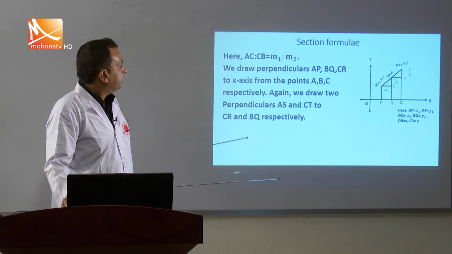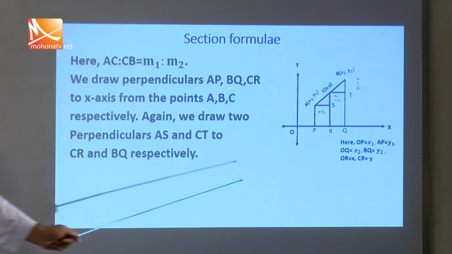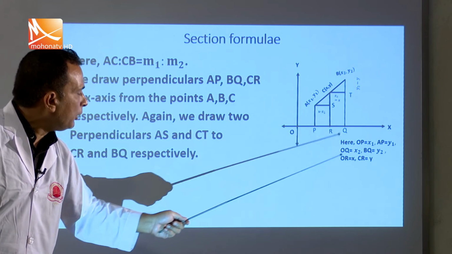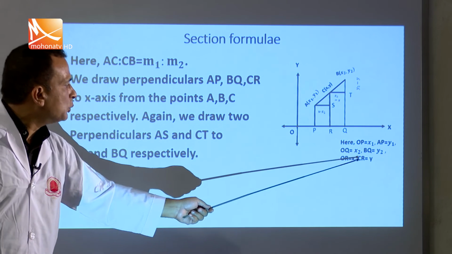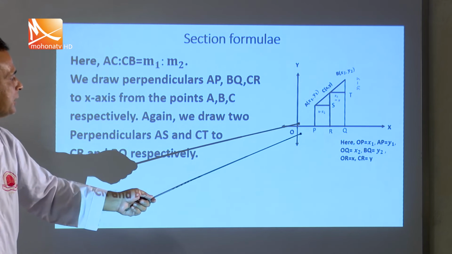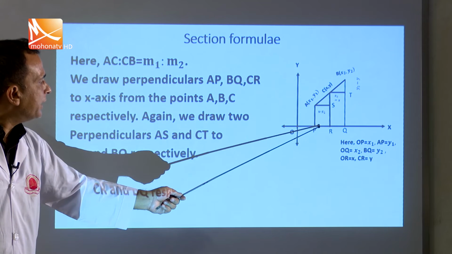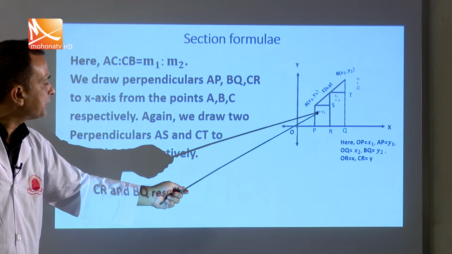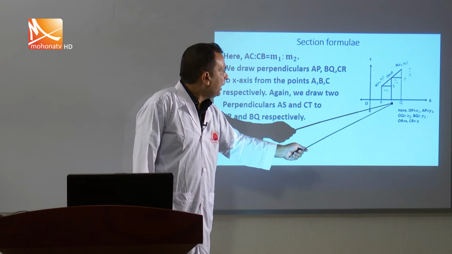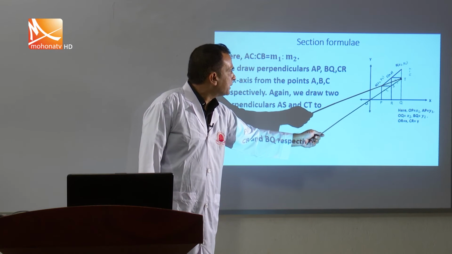Okay. Then you just see that here OP equals x1, AP equals y1, OQ equals x2, BQ equals y2, OR equals x and CR is equal to y. That's why it will be PR equals x minus x1. Since PR is equal to x minus x1, AS is equal to x minus x1. Again RQ equals x2 minus x, so CT equals x2 minus x.